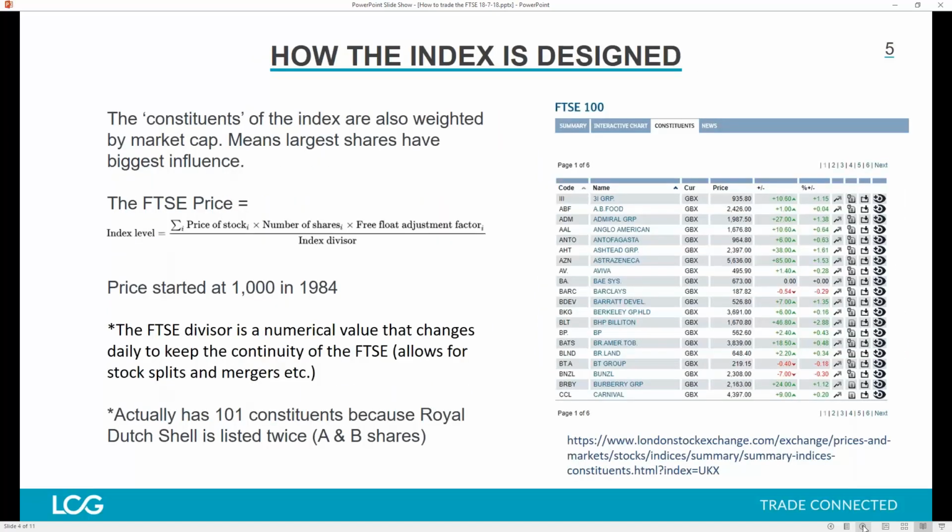As I mentioned here, it's the performance of the largest 100 companies on the London Stock Exchange. But it's important to note that it's not just UK-based companies listed on the London Stock Exchange. The LSE attracts some of the hottest and biggest new global IPOs. For that very reason, there are some huge companies listed on the FTSE, and so it's, again, an important one to watch.